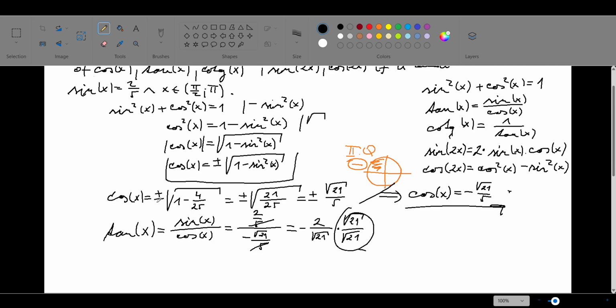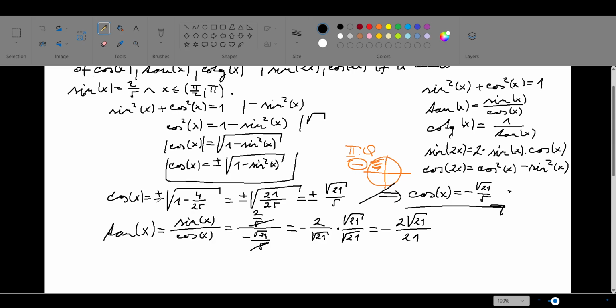If you do so you will come to the result, which is negative 2 times square root of 21 over 21, because square root of 21 times square root of 21 is equal to 21.